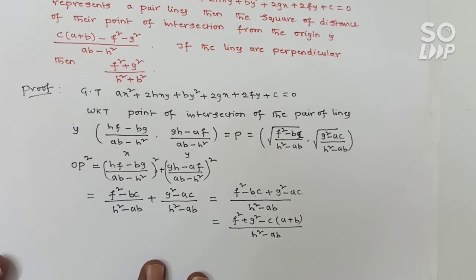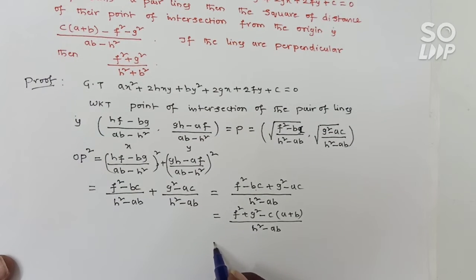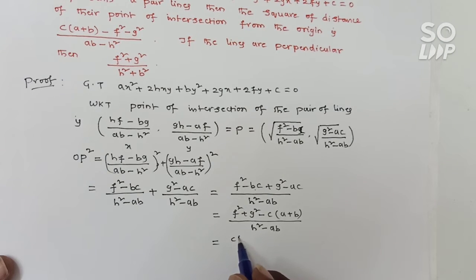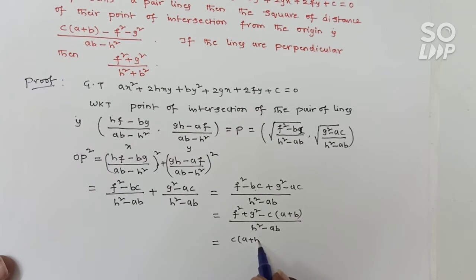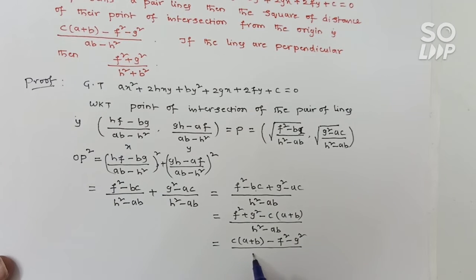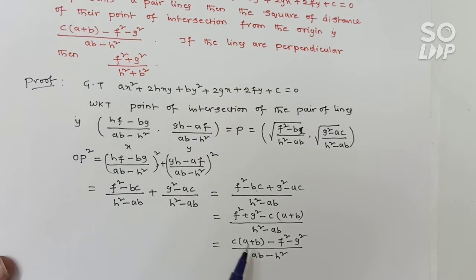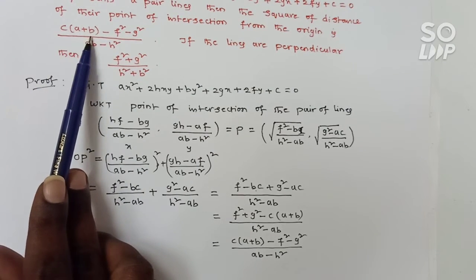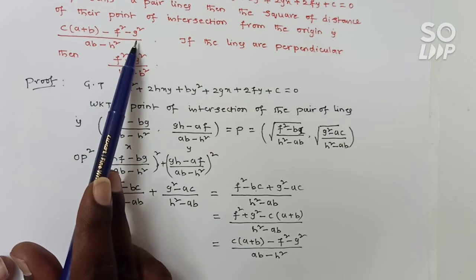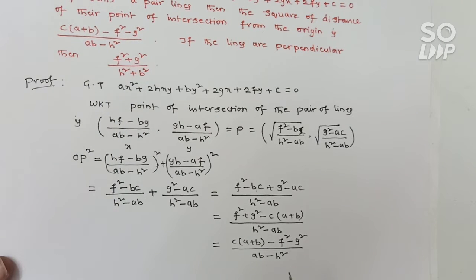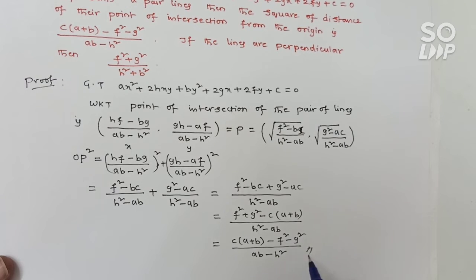Now multiply numerator and denominator with minus: C into (A plus B) minus F square minus G square, whole divided by (AB minus H square). Is it the final result or not? C into (A plus B) minus F square minus G square by (AB minus H square). So this is the final result.